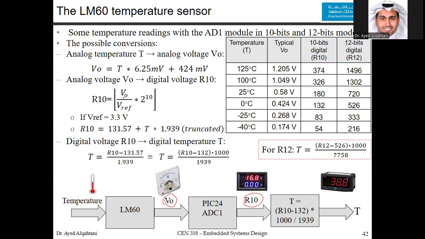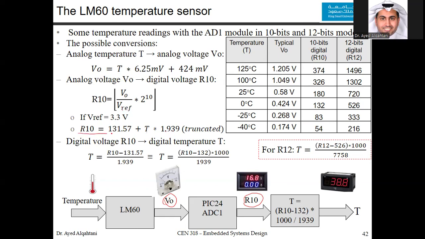So R10 is equal to the ratio of the analog input, V0, divided by VREF, multiplied by 2 to the power of 10, since we use 10 bits. If we know that the VREF for the PIC24 is 3.3 volt, and this is the choice for the reference voltage, then R10 would be 131.57 plus T, this temperature, times 1.939.